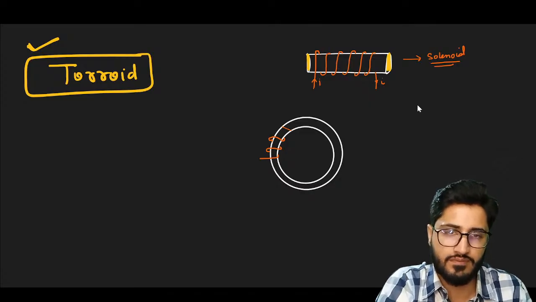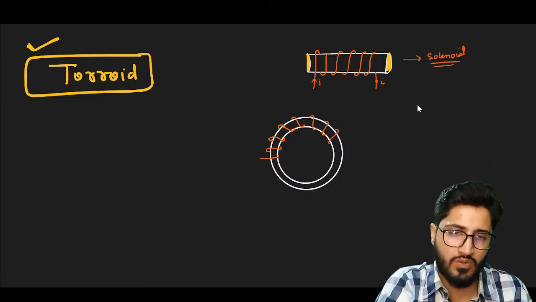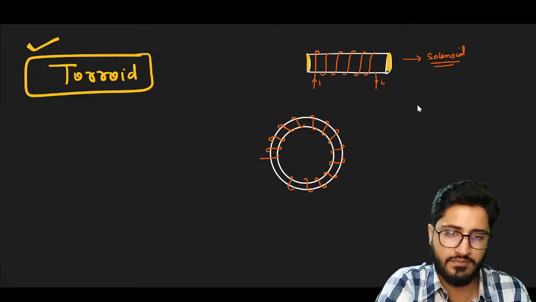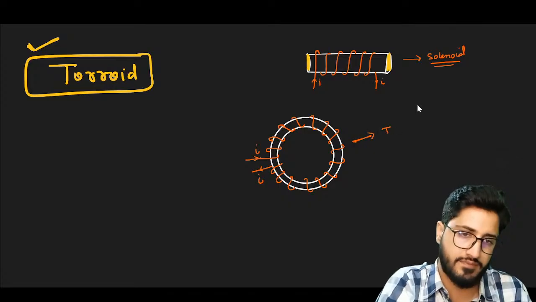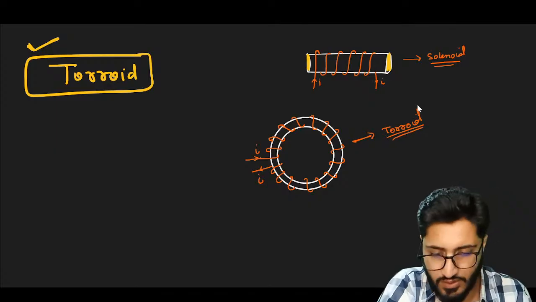So this configuration of my wire is known as a toroid. Simple. Current I is going inside and I is leaving. This particular thing is known as a toroid.